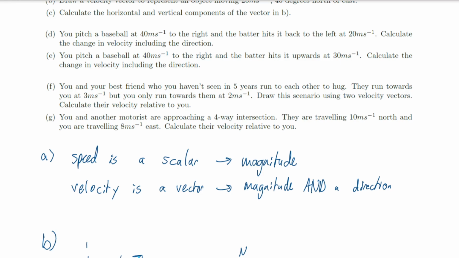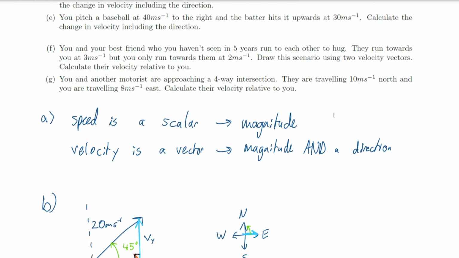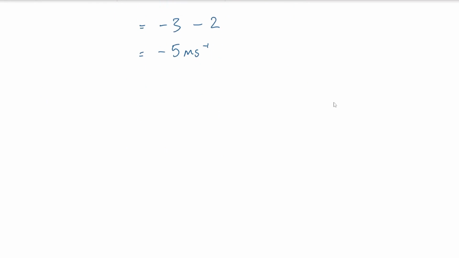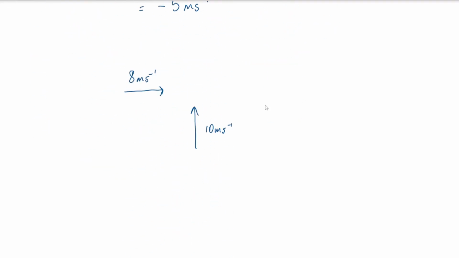So, they're going 10 meters per second north, and you are 8 meters per second east. Oh, let's draw those to scale. So that will be a smaller vector. And what question is this? This is G.